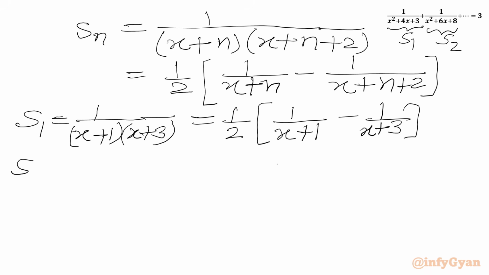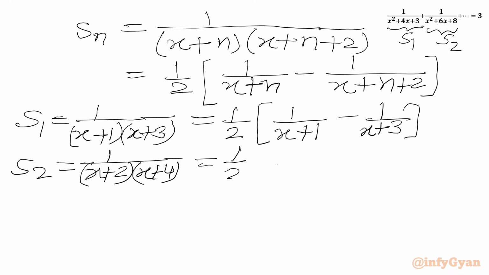Now we will find S2, which is equal to 1 over x plus 2 times x plus 4 in the denominator, which will be equal to half times, in the bracket, 1 over x plus 2 minus 1 over x plus 4.